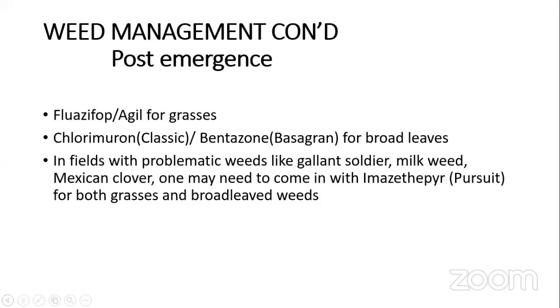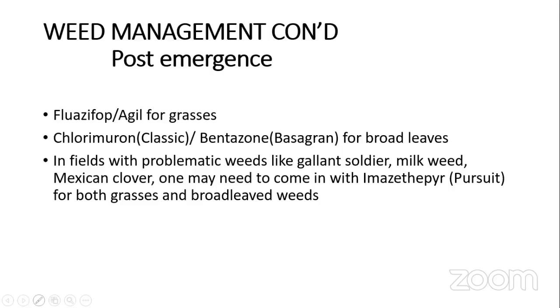Then for our broadleaves, we've got chlorimuron or classic. Then we also have bentazone and basagran for the broadleaves. Then in some fields, in some areas, we've got farmers with problematic weeds like the gallant soja, the milkweed, and the Mexican clover, which in some cases may not be eliminated by some other herbicides for broadleaves that I've mentioned above. So one may need to come in with imazethapyr, also known as Pest, for both grasses and broadleaf weeds.